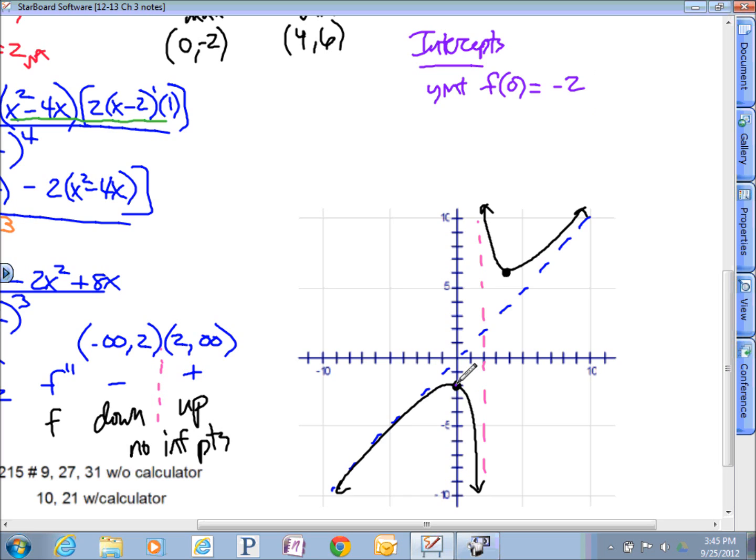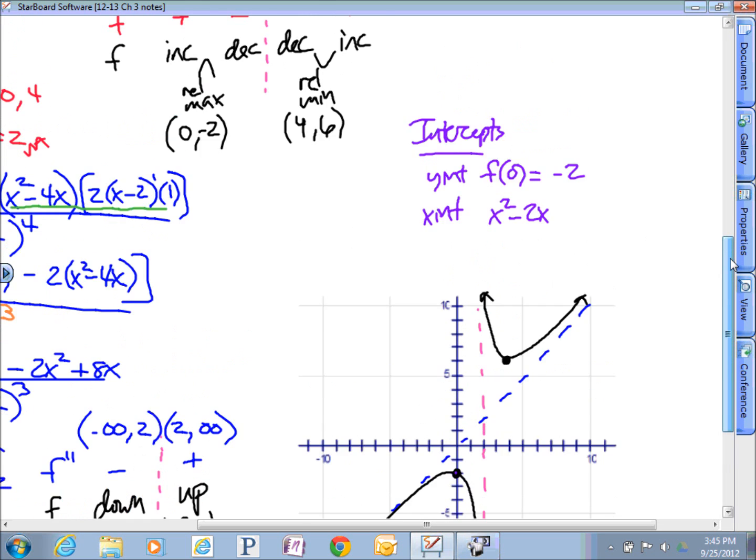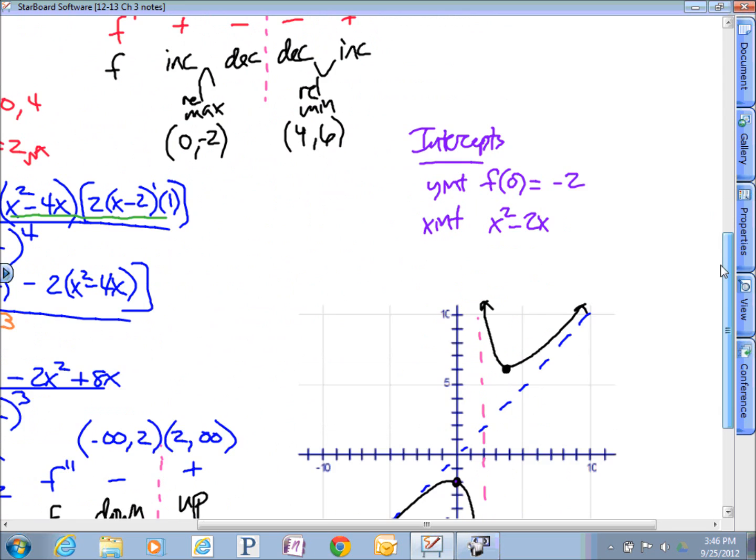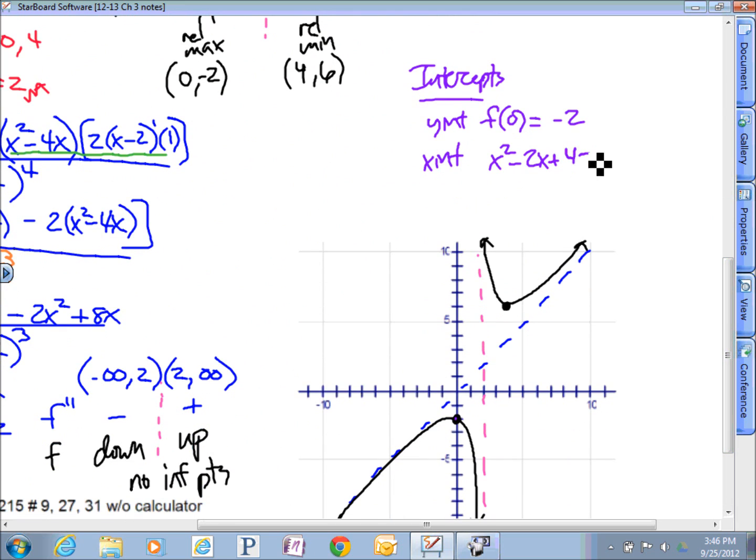But if I want to find an x-intercept, remember, the fast way to do it is to set the numerator of this function equal to 0, which was x squared minus 2x, let me make sure I got the right function, x squared minus 2x plus 4, set it equal to 0. Well, we can already tell there's not going to be any, but what would that look like algebraically? Well, if I tried to factor it, it won't work.